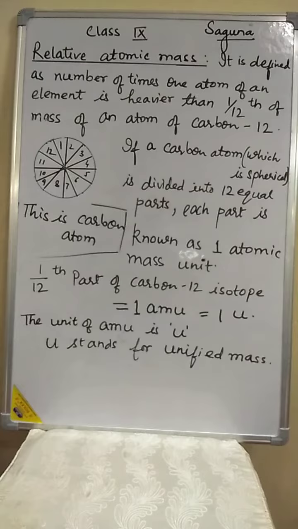Do you agree? Do you understand? 1 gram will not be 1/12th carbon atom. 1 gram will be many carbon atoms. So, when you are expressing the same number 1, but different unit, that is gram, it is known as gram atomic mass. I hope you understood.